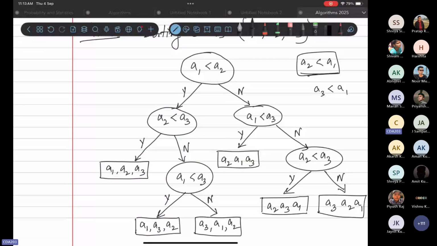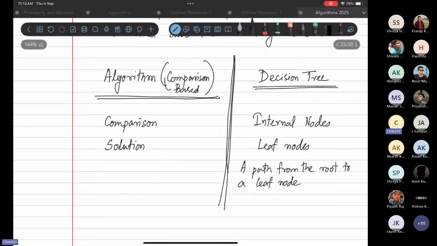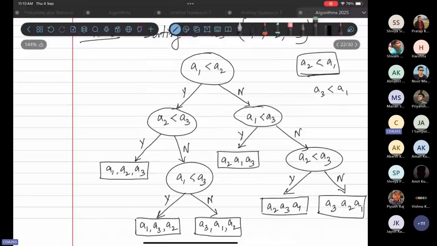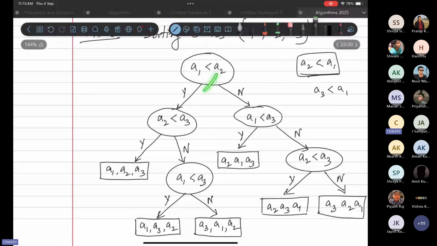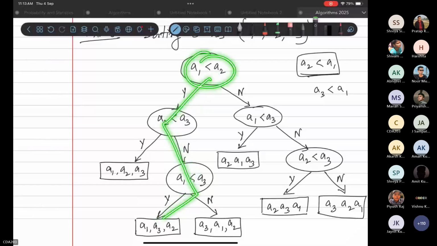Now think about a path from the root to a leaf node. It's something like this branch, a path from this to this. What does this represent in terms of an algorithm?